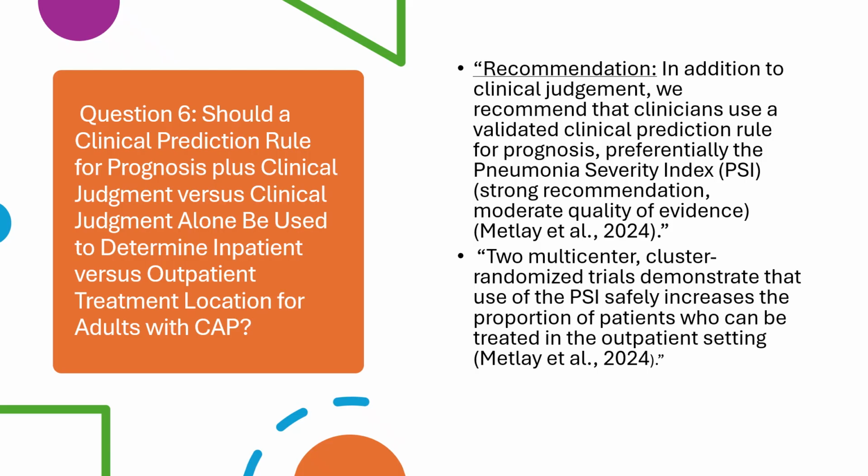The PSI is available on MedCalc for free. That's a tool where you plug in the information of your patient, the demographics and some lab work, and it'll tell you whether to treat as an outpatient or definitely send on to an inpatient.